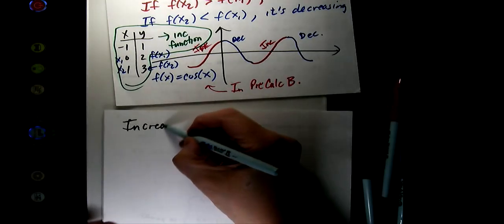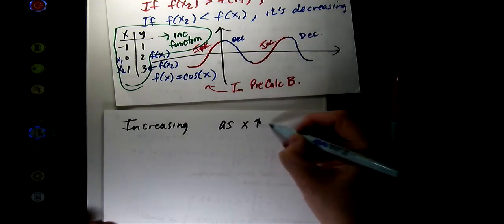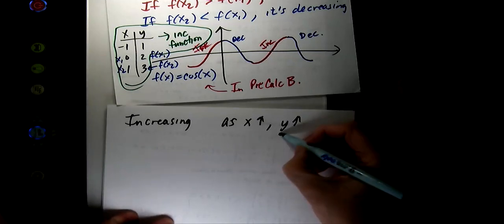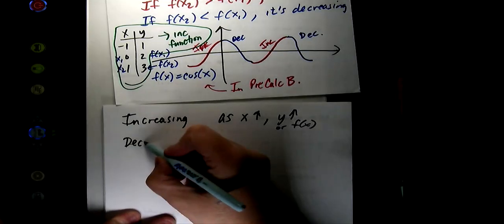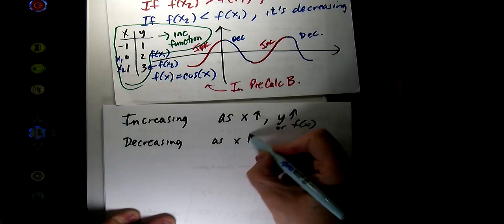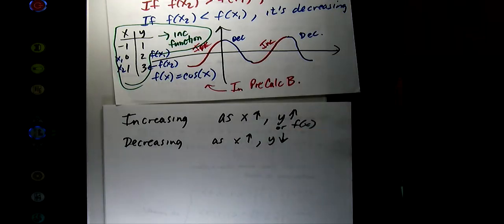Increasing: as x goes up, y goes up, or f of x. Decreasing: as x goes up, y goes down. If it increases, it goes up and to the right, and if it decreases, it goes down.